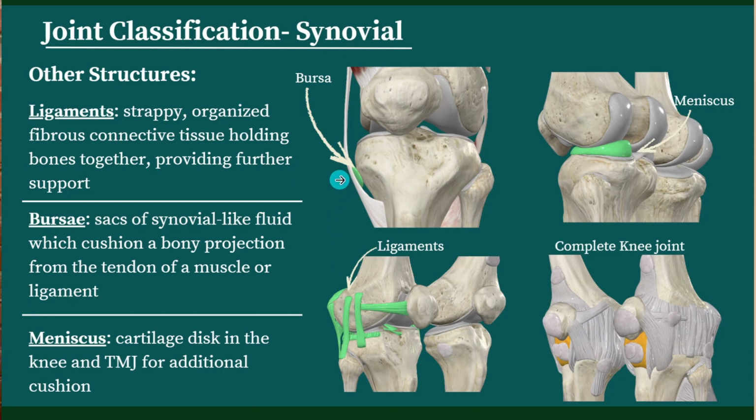There's a teeny tiny little bursa right there that is protecting, let's see, which tendon is that? That would probably be the pes anserinus tendon. It's a little bubble made out of kind of synovial fluid, and it cushions the tendon from the medial epicondyle of the tibia, that bony projection, so they don't wear through it when you're like 30 years old.